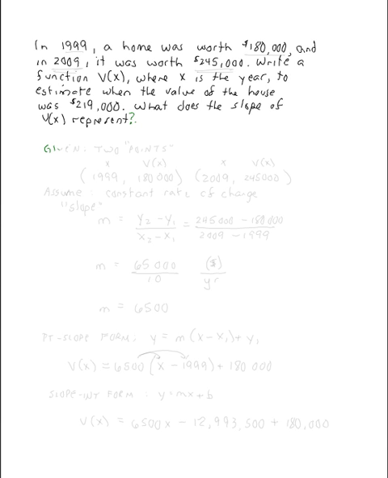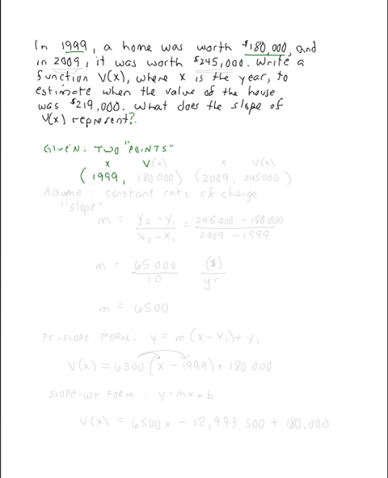Here, we need to take a look first at what we're given. And in this case, we're given two ordered pairs, two points, if you will. You see, they told me two things. In the year 1999, a home was worth $180,000. Based on that, I can make an ordered pair. X is the year 1999.